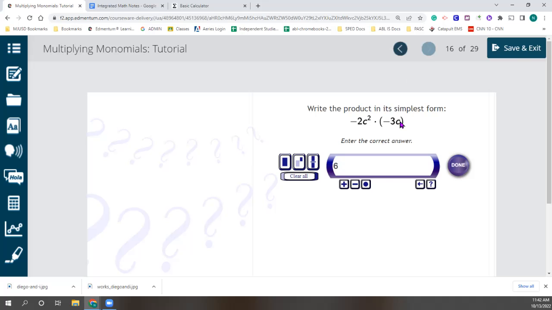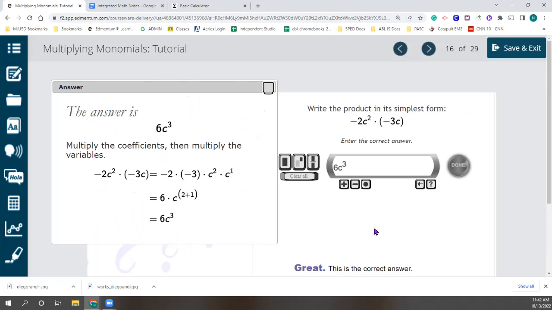So then we end up with 6c cubed. Exponent button, 3, done. I got it correct. Here's how they solve it. -2 times -3 equals 6. See, I wasn't making this up.